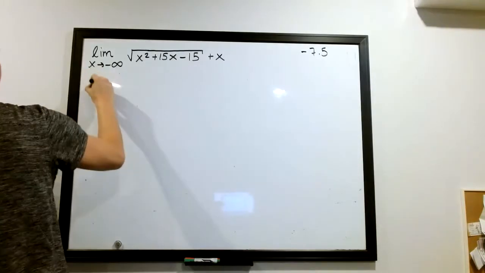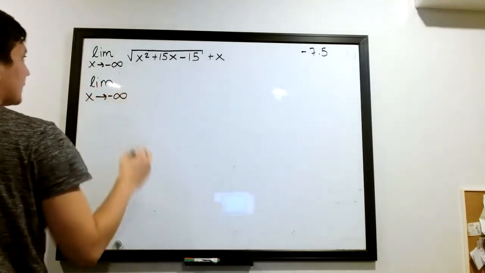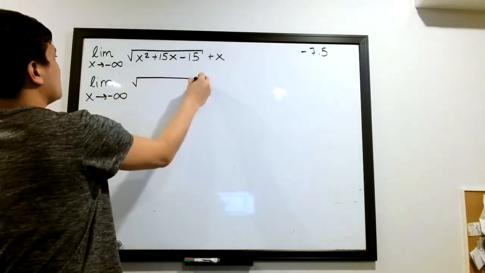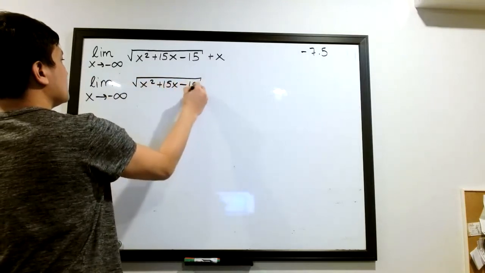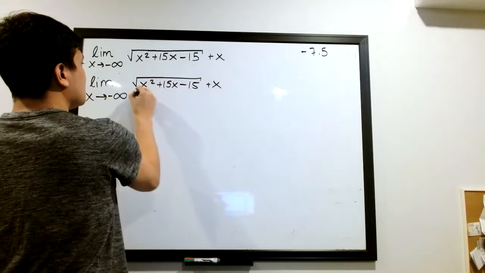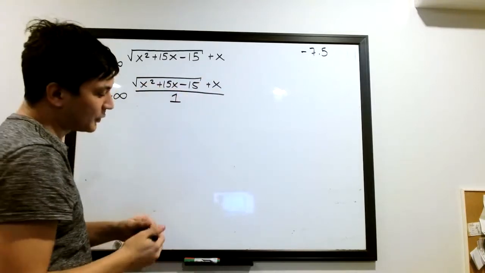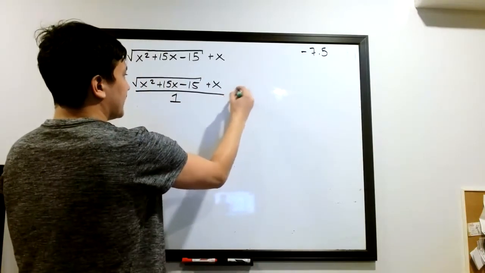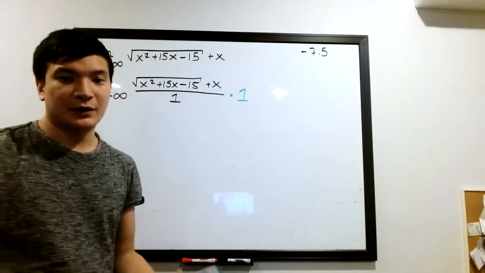I'm going to rewrite the limit as x approaches negative infinity of this expression, all over 1. And I'm going to multiply it by a fraction equal to 1 in a very clever way.